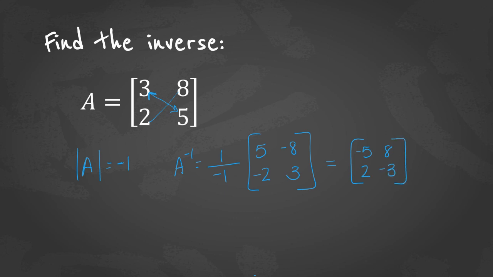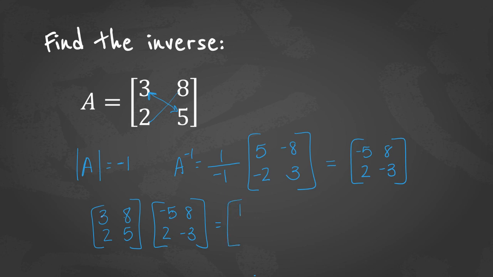Now we should be able to multiply this by the original and get the identity matrix. So real quick, let's just check it by multiplying and make sure that we, and by we I mean I, did this correctly. Okay, so I'm going to start by multiplying the first row by the first column, and I get negative 15 plus 16 is 1.